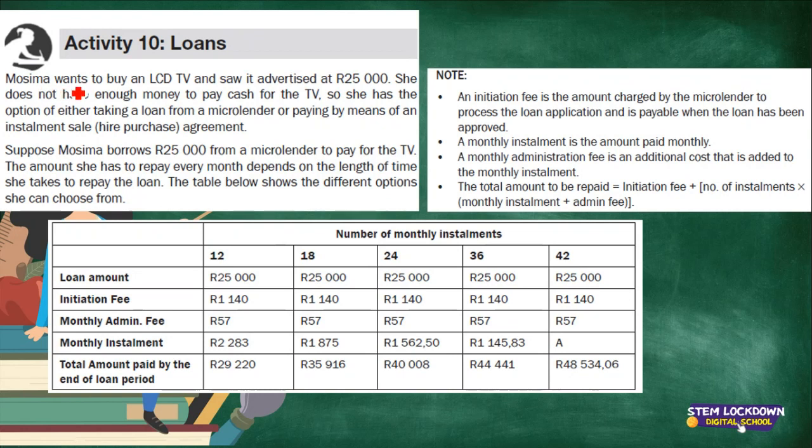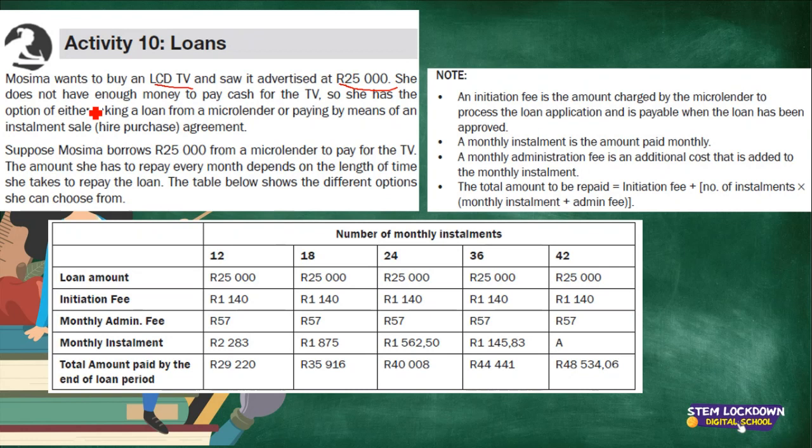Mosina wants to buy an LCD TV, right? So she's buying an LCD TV, and it's advertised at 25,000. Very expensive TV, 25,000. She does not have enough money to buy cash.